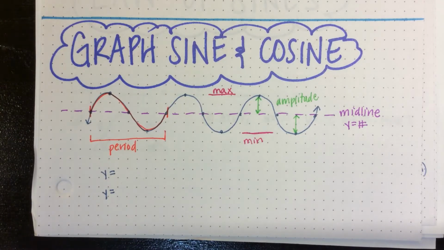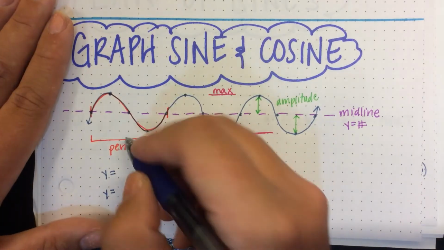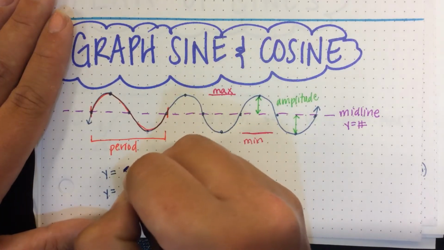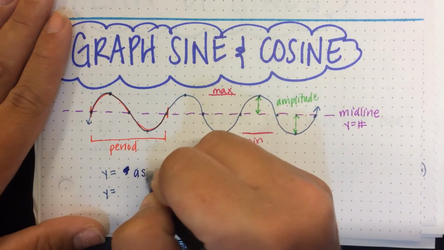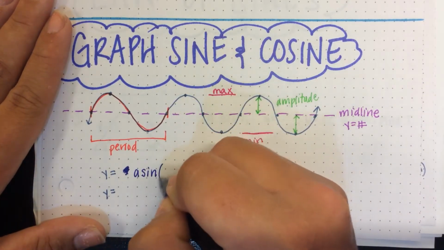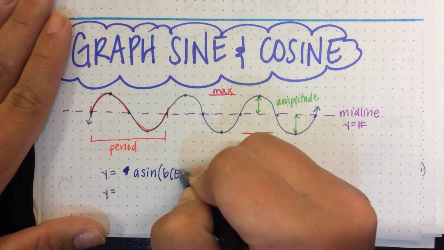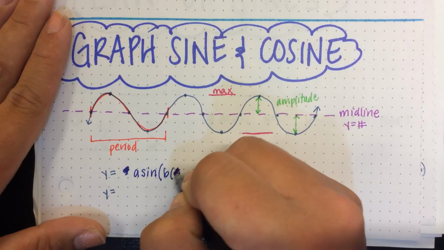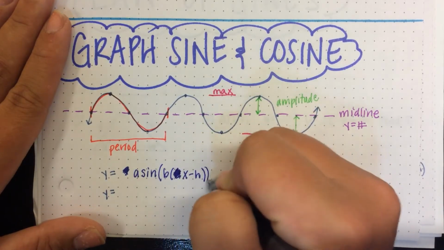Then we have equations that we're going to use to get some of this information as well. So we'll go with dark blue. My equations all look the same, but the only difference is one of them is going to be my sine, with x minus h plus k.